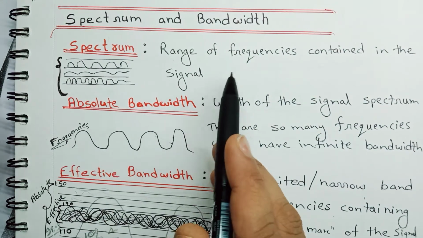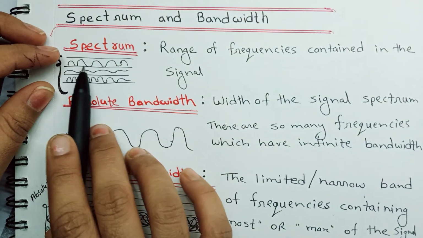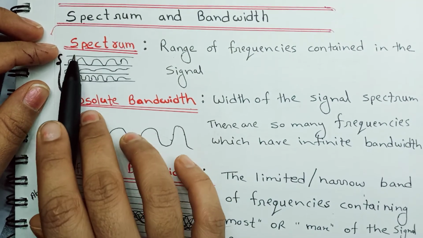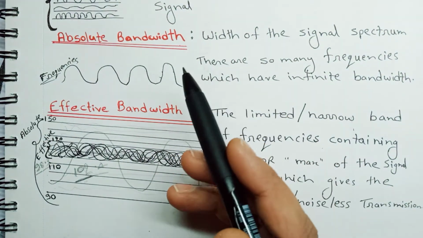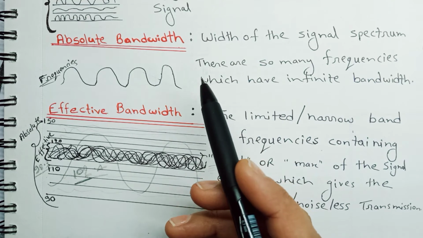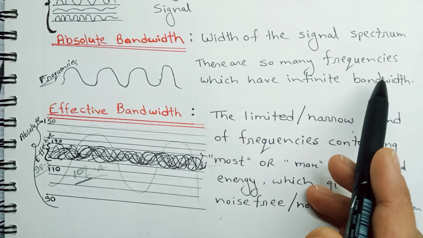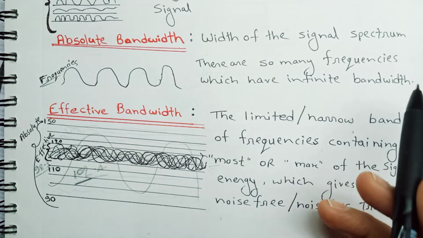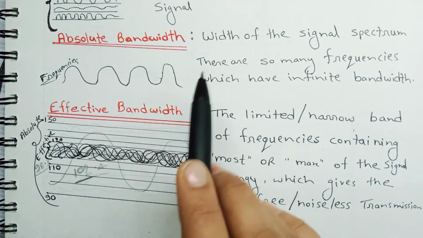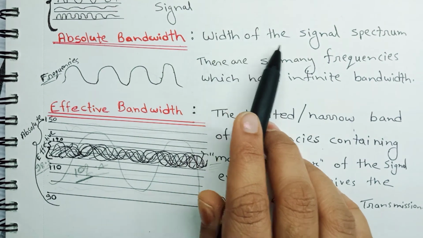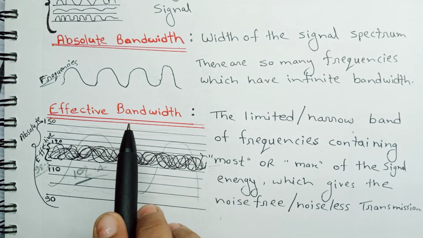Now absolute bandwidth: it is the width of the signal spectrum. There are so many frequencies, which gives infinite bandwidth.